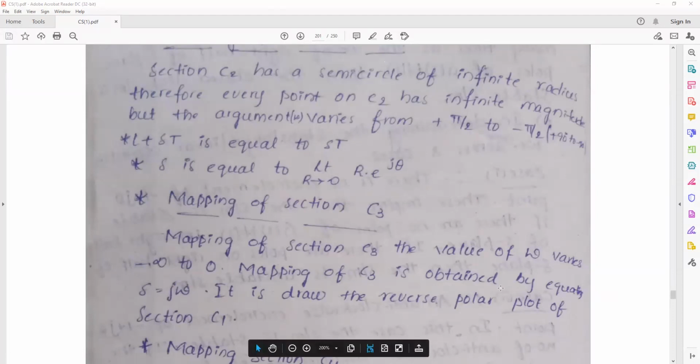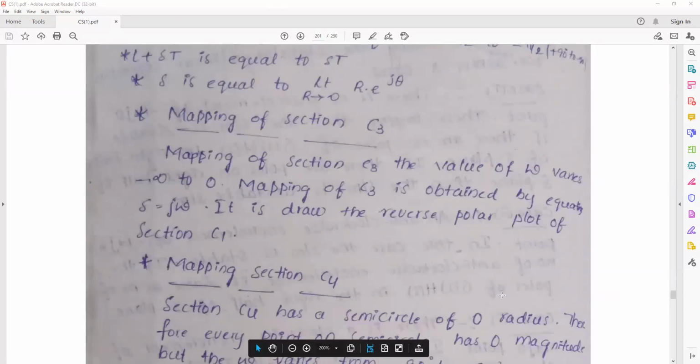It is the reverse polar plot of the section C1. So we discussed the starting and ending of the polar plot in the last class. The type of the system decides the start and the order of the system decides the end of the polar plot. So the mapping of section C3 is taken from the start by the type of the system to the end by the order of the system, so minus infinity to 0.